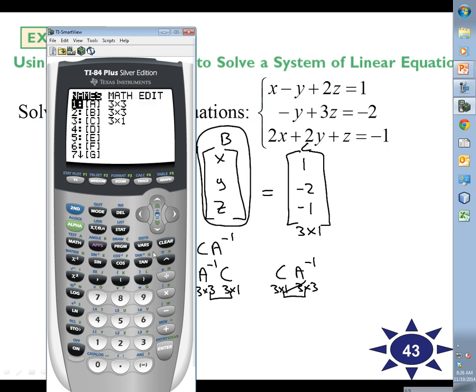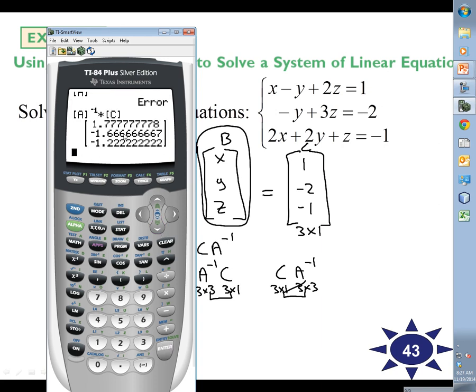So it's going to be the inverse of A times matrix C. And what do we get? X equals that, Y equals that, Z equals that. Let's have some nice fractions here. So X equals 16/9, Y equals -5/3, and Z equals -11/9.